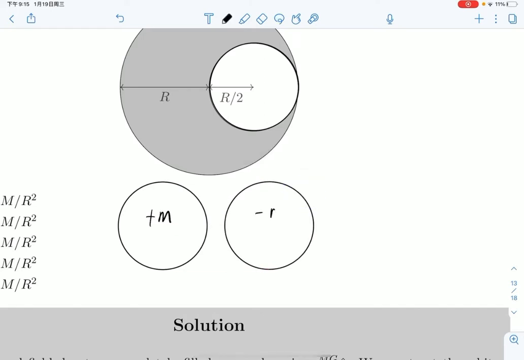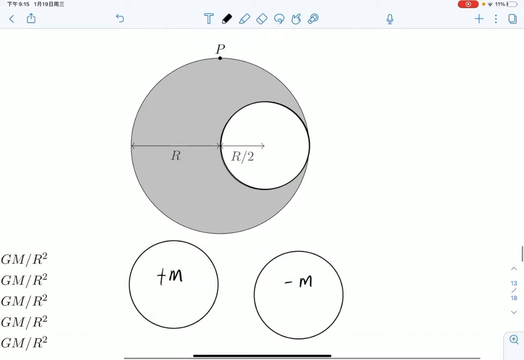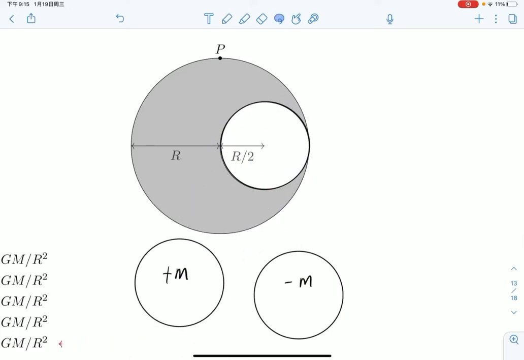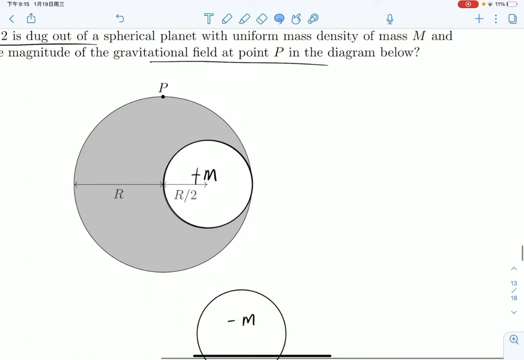So when you combine them together, it will act as an empty hole. First, you fill up the hole with positive m, so it produces a gravitational force as from the center, which is G big M small m divided by r squared.